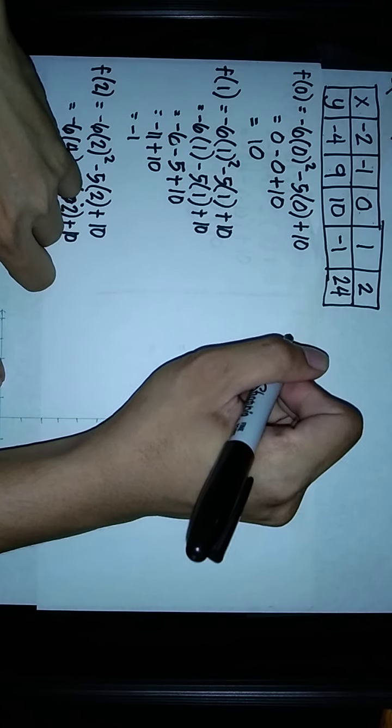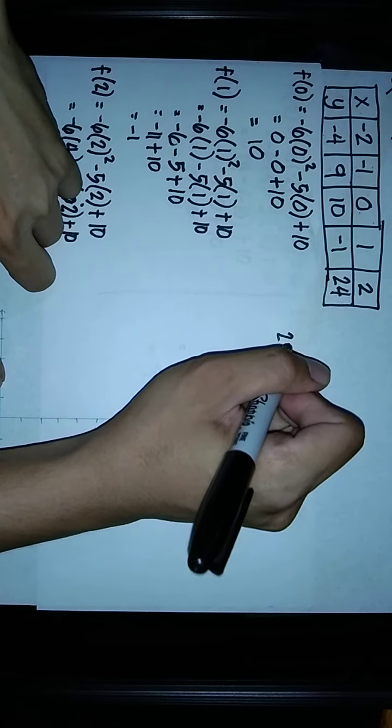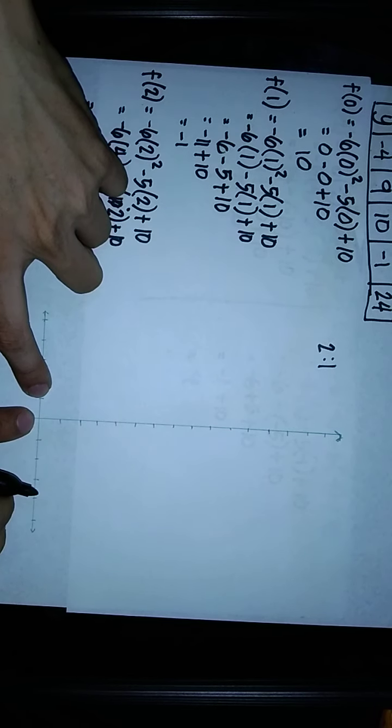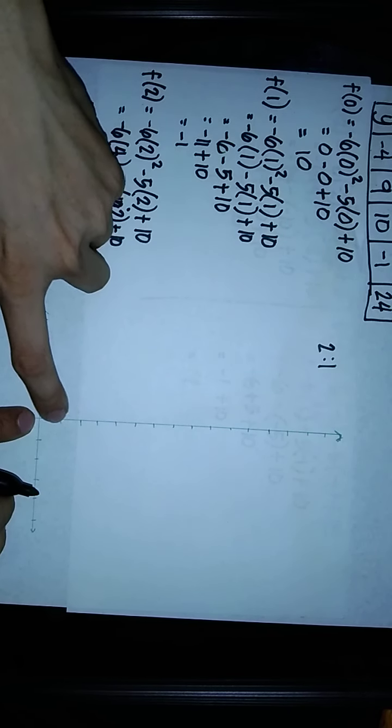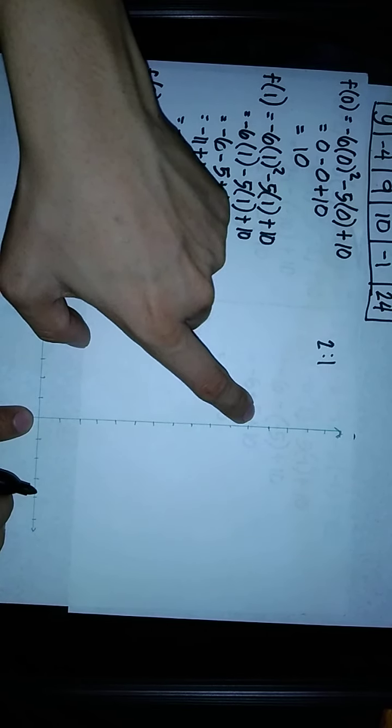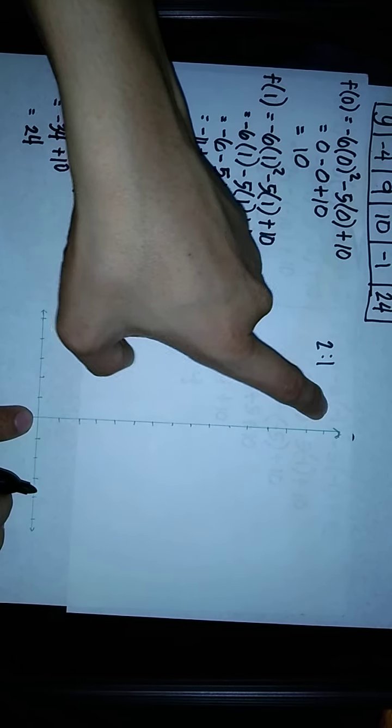So, ngayon, i-graph natin itong ating function. So, yung ating x is negative 2. So, ang aking graph is 2:1. So, ibig sabihin, itong line na ito is by 2. So, this is 2, 4, 6, 8, 10, 12, 14, 16, 18, 20, 22, 24, 26, 28, and 30.